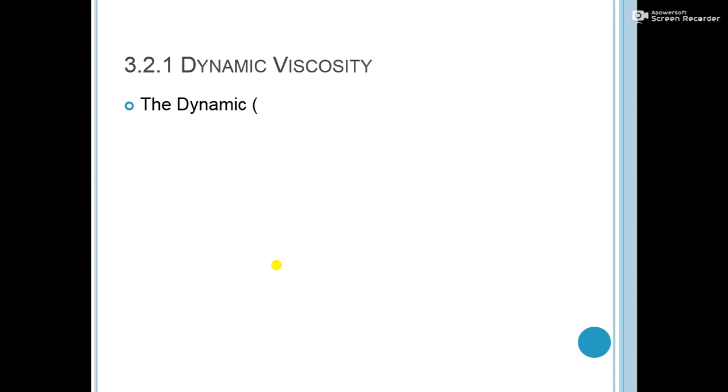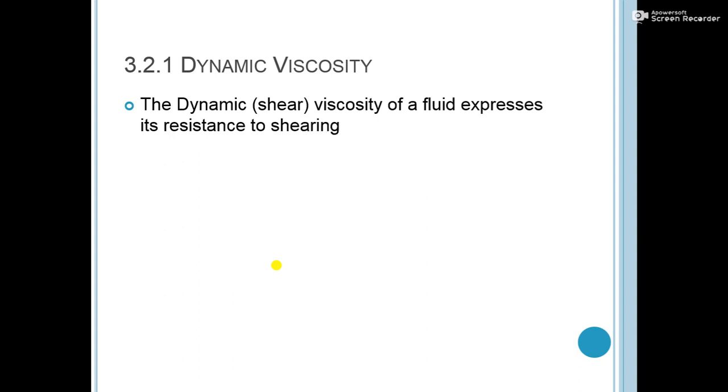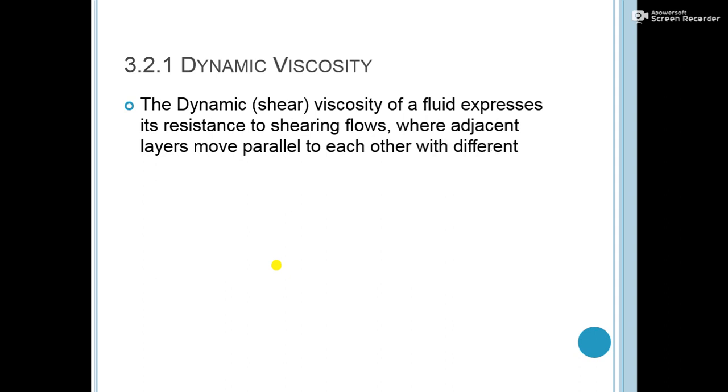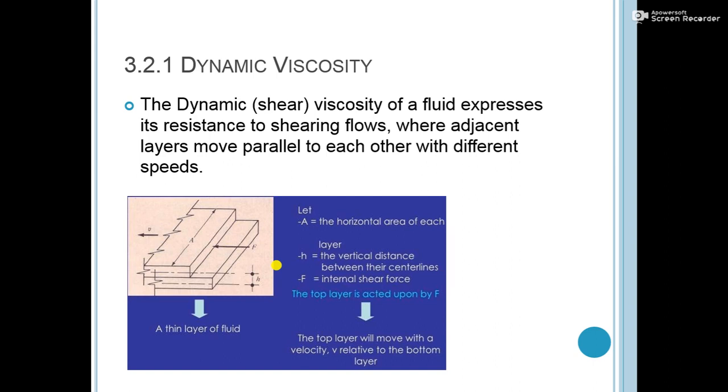So what is dynamic viscosity? The dynamic or shear viscosity of a fluid expresses its resistance to shearing flows where adjacent layers move parallel to each other with different speeds. From the figure we can understand the difference between the two fluid layers. Let us assume A is the area of each layer, H is the vertical distance between their center lines, and F is the internal shear force.